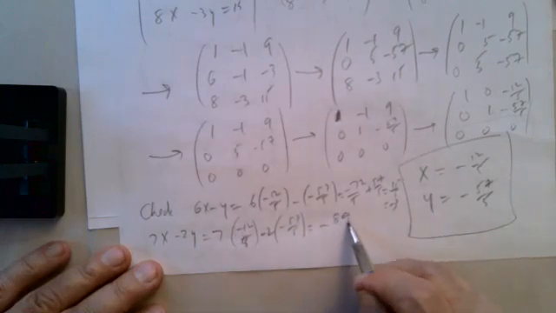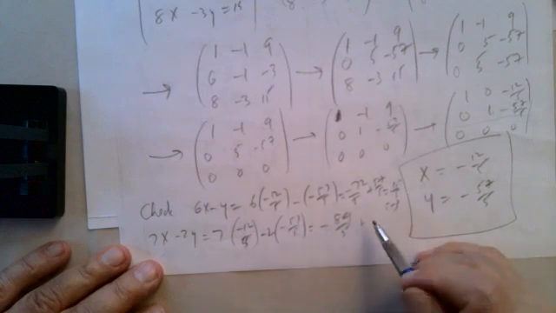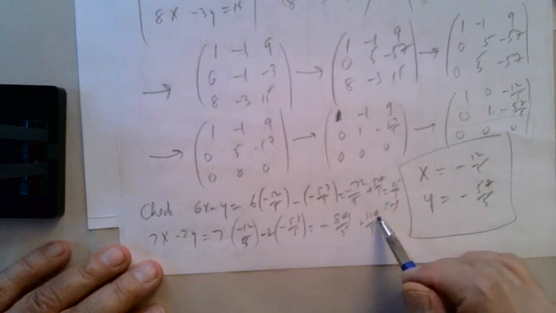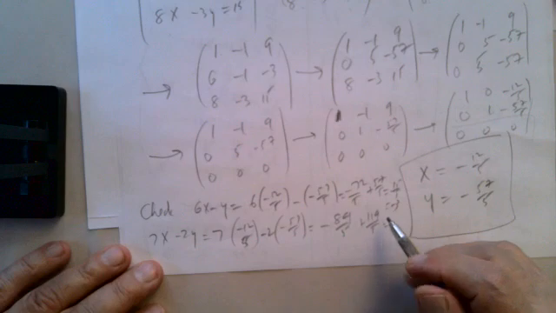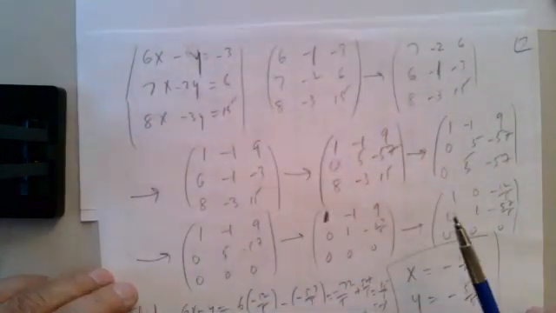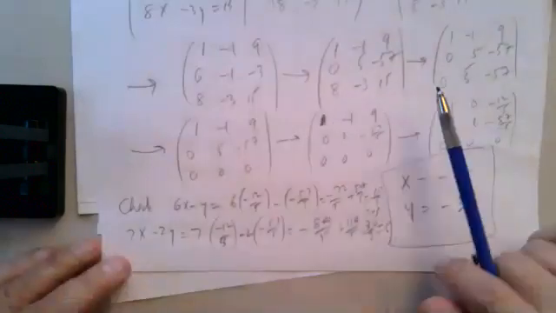Let's see. 7 times 12 is 84, minus 84 over 5. 2 times 57 is 114 over 5. 114 minus 84, that's 30 over 5, or 6. That's what it's supposed to be. And if you plug into the third equation, you should also get the right answer, 15. So here we solved a system of equations.